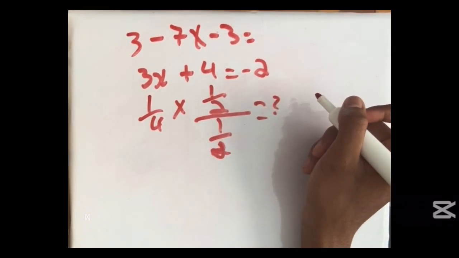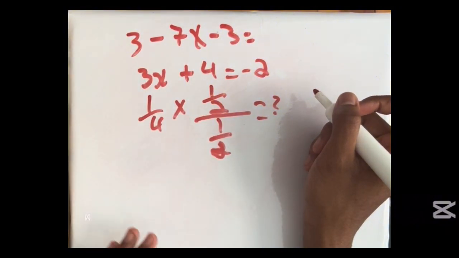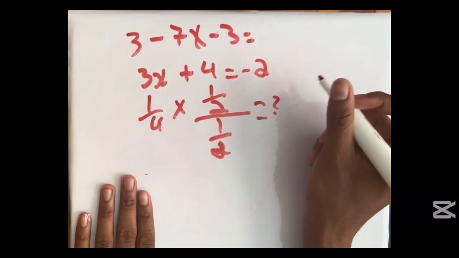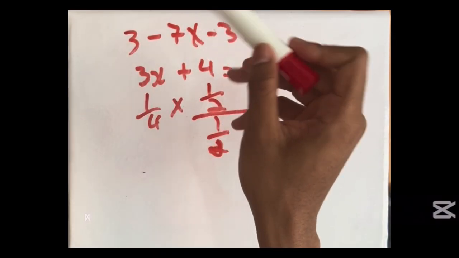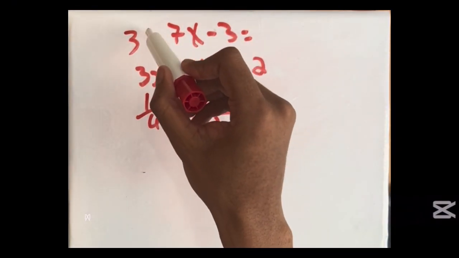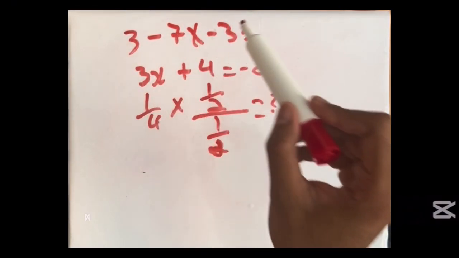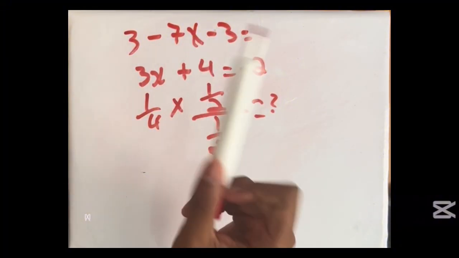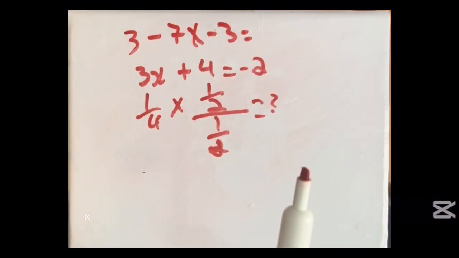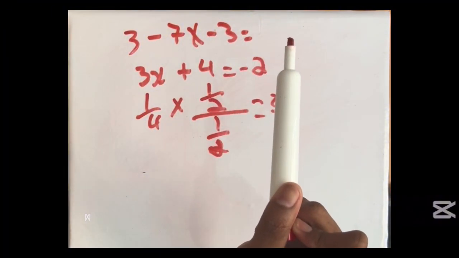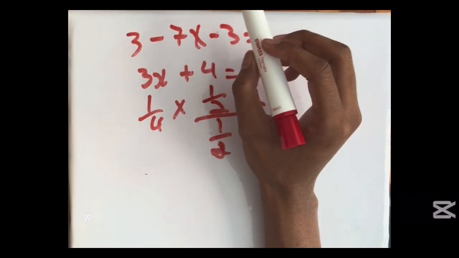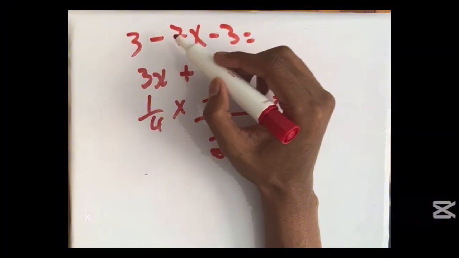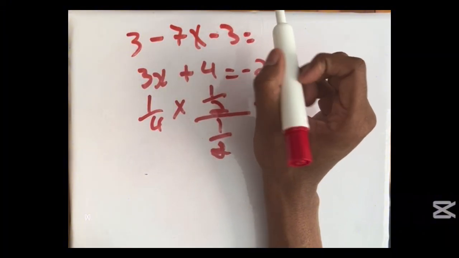All right. So now the first one. Remember PEMDAS. We have to do multiplication first. When we're multiplying two numbers with the same sign, what do we do? If you recall, when the signs are the same, it becomes positive, and we just multiply the numbers.